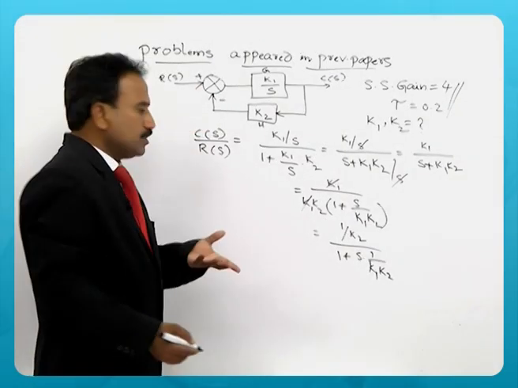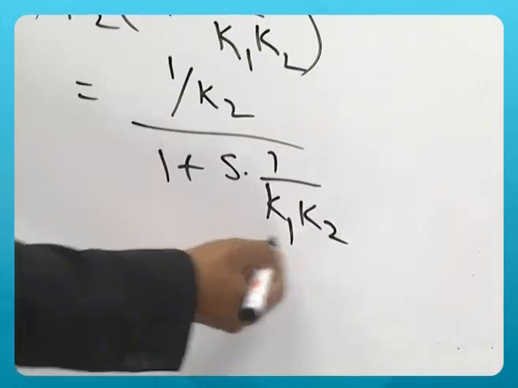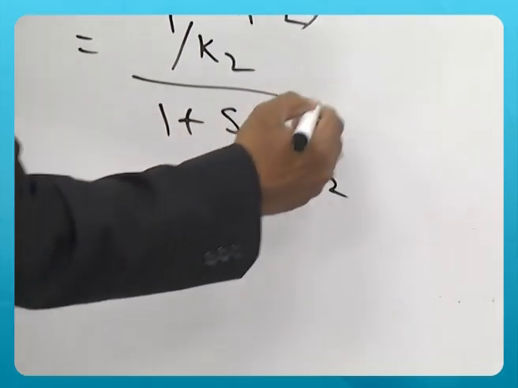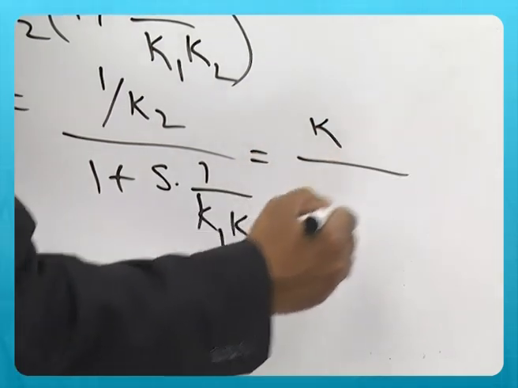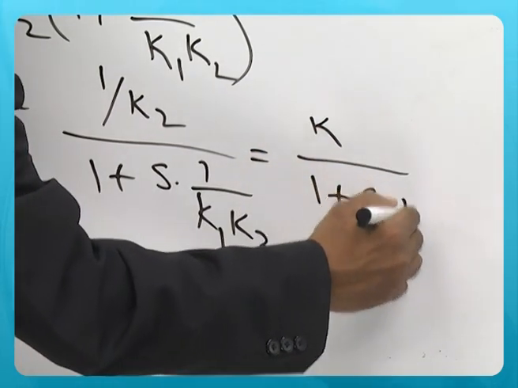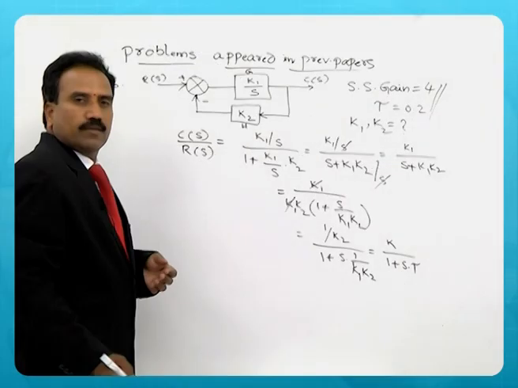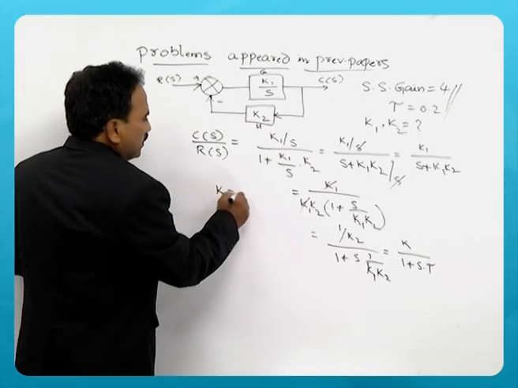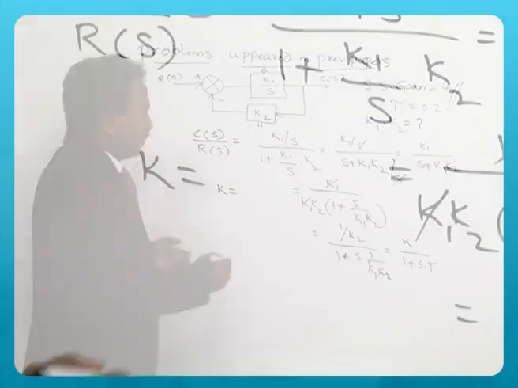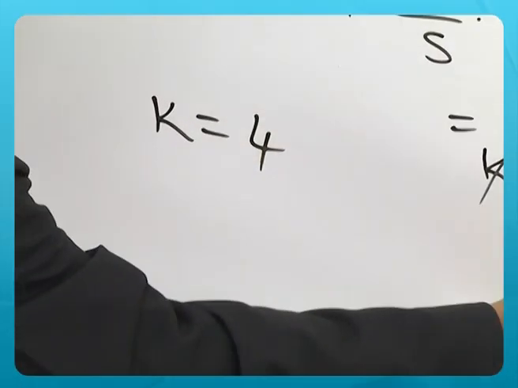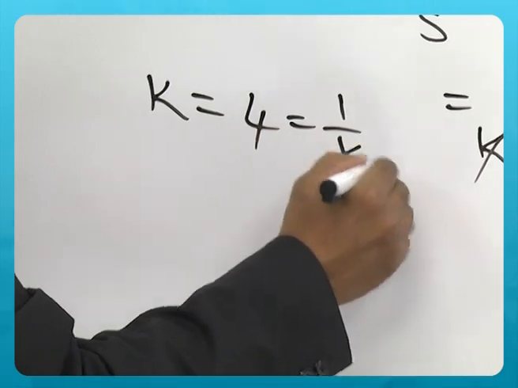It is now in that time constant form. I can say that this is some constant k by 1 plus s into tau, where k is the steady state gain, the value is given as 4, and the numerator is 1 by k2 here.